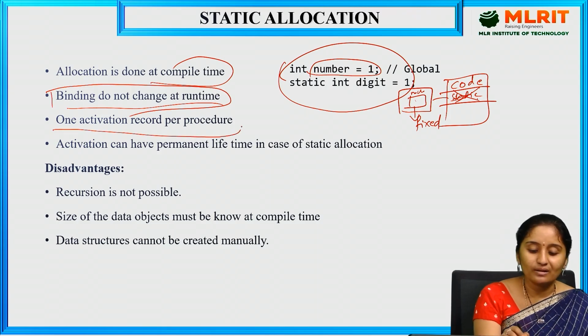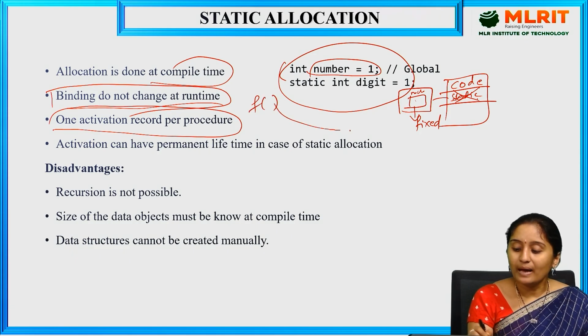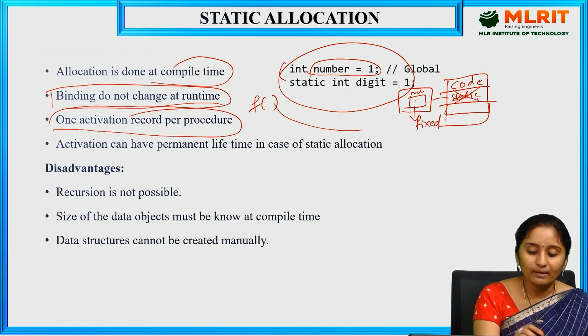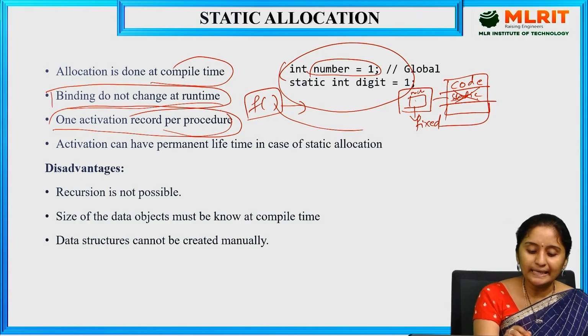One activation record per procedure. When a function call is done, some memory will be allocated in the memory, and one activation record will be created for each function.